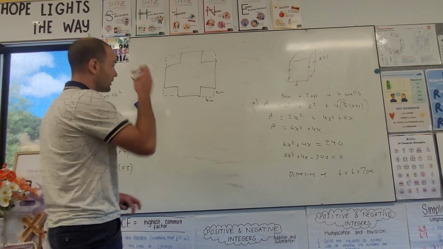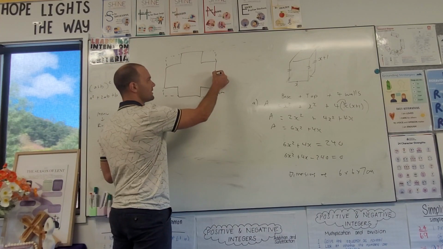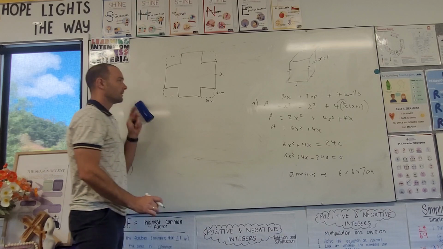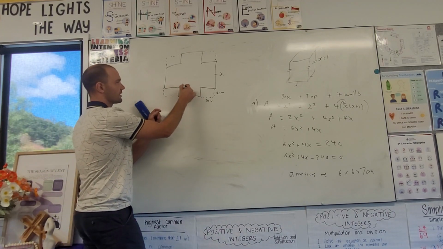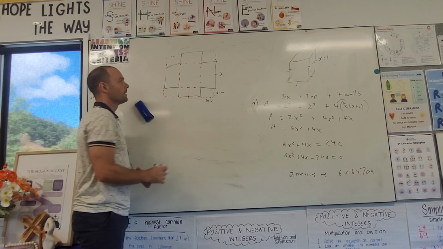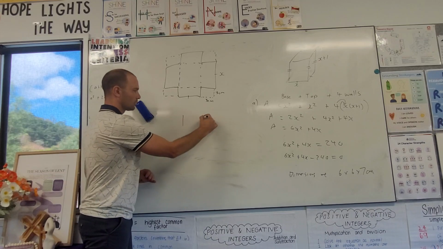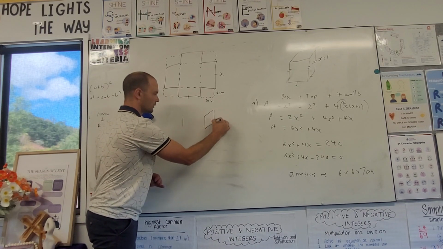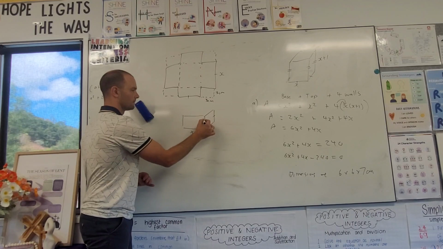Okay, so if this length is x, all right, and we're folding it up, this length here is x, so x is the base, right? Then when we fold it up, here's what it's going to look like. We'll have x at the bottom and we'll have 3 here.